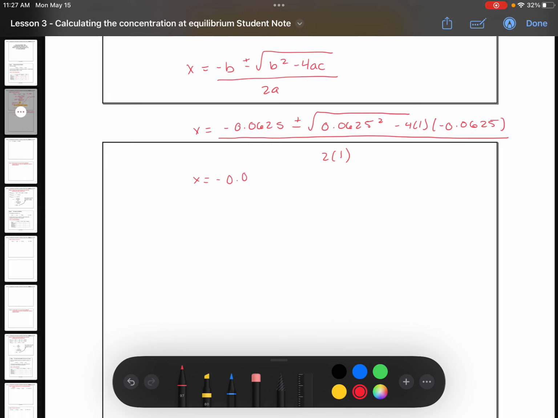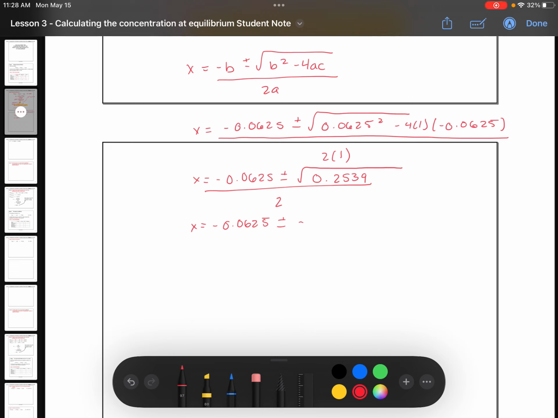So from there, we can solve for our square root. So leave our negative b here, 0.0625 plus or minus stays, and solve everything under our square root, which is going to give us 0.2539. And then solve our denominator, which was 2, because 2 times 1 is 2.